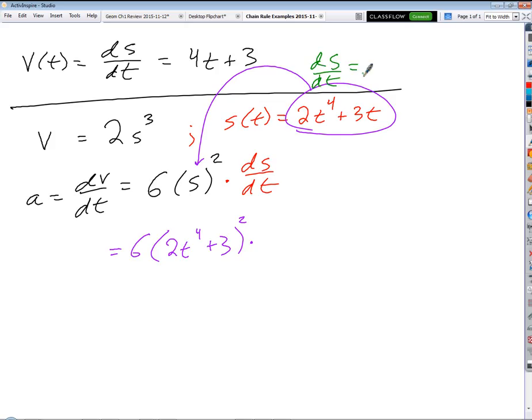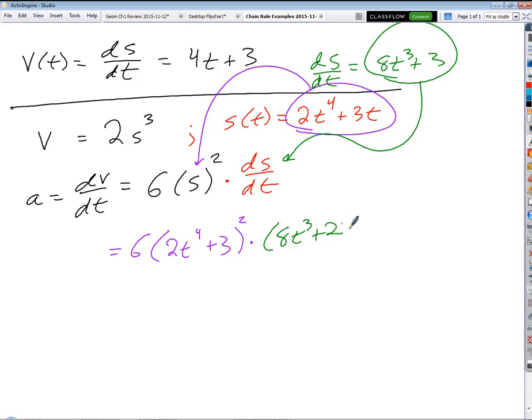What would that be? 8t cubed plus 3. All I'd have to do there is just plug that in for that guy. And I would get 6 times s times ds dt, which is just some answer in terms of t.